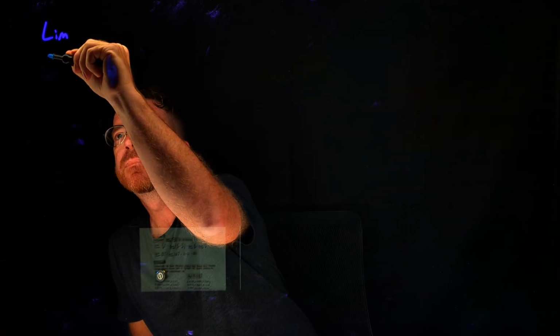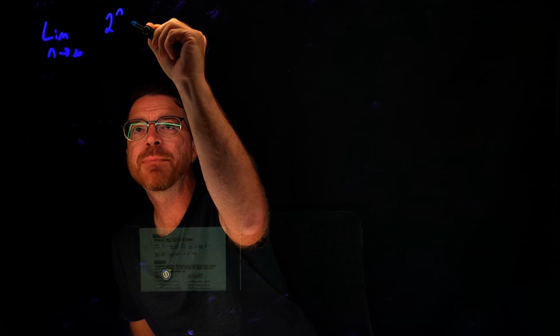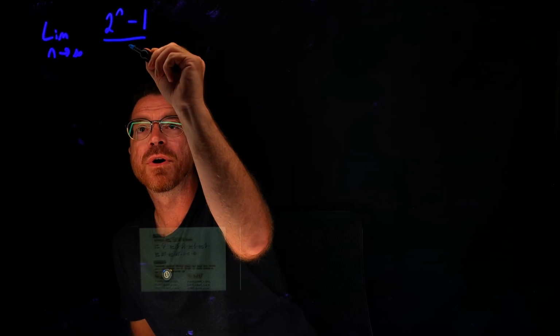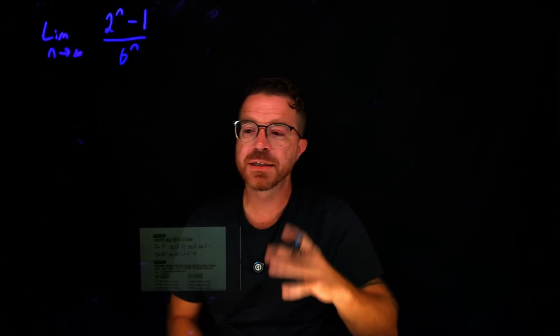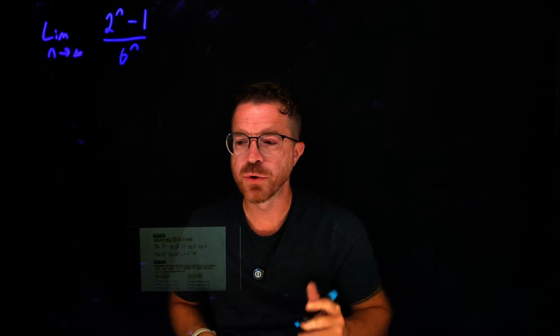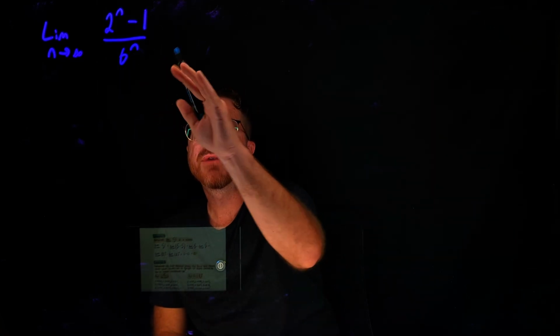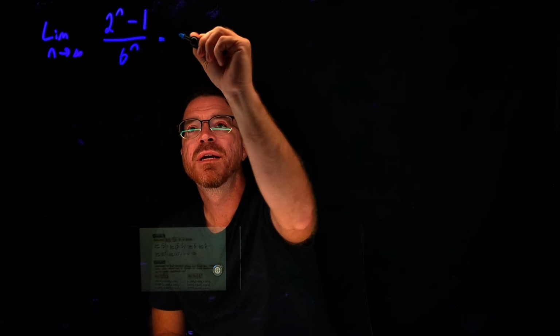For the next example, let's take the limit as n approaches infinity for 2 to the nth power minus 1 over 6 to the nth power. And we'll see if this exists, whether it converges or diverges, and if it does have a limit, what does it approach? So the first thing I'm going to do is whenever I have a fraction of two terms divided by a single term, I can actually split this up.